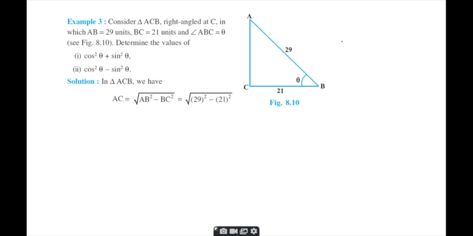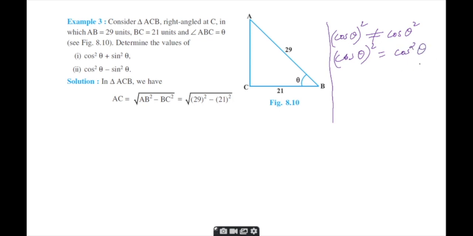So before that, let me just tell you what is cos square theta. I have told you, I think. The square of cos theta we can't write like this. This is wrong. But the square of cos theta should be written like this: cos square theta.